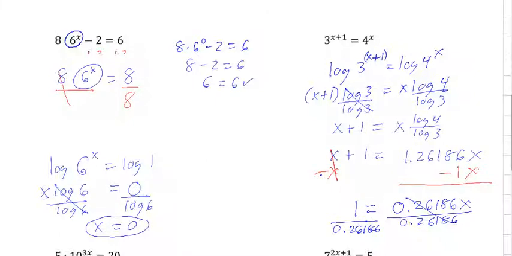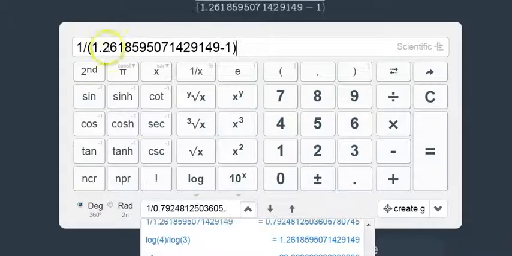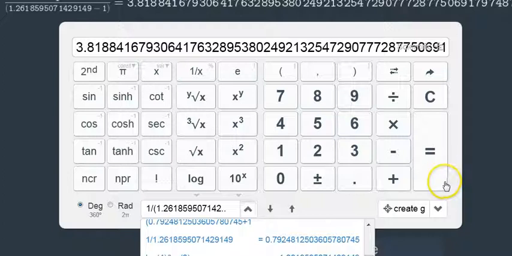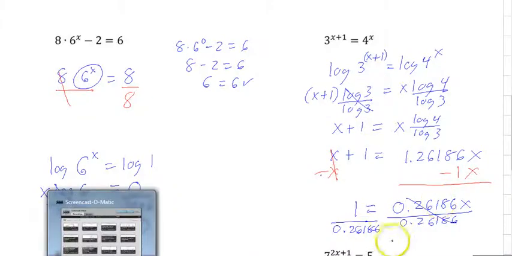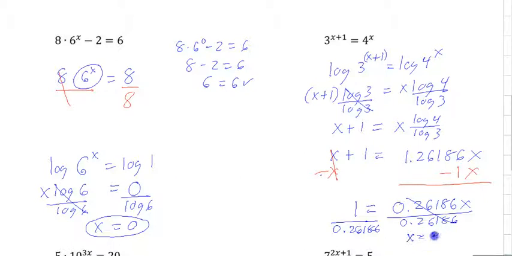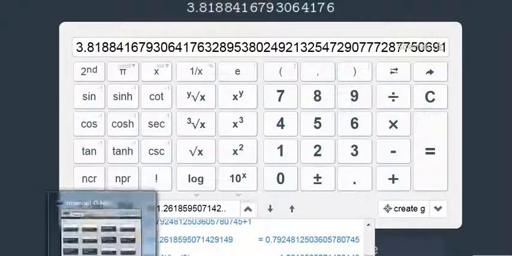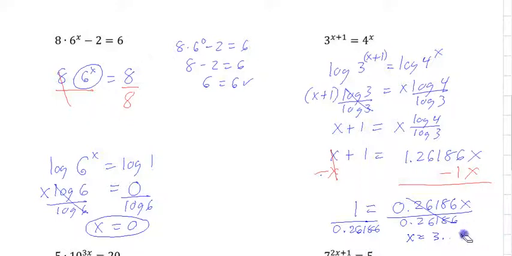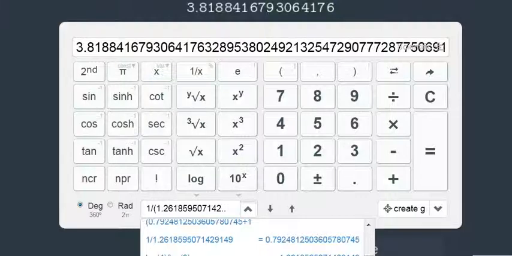And the nice thing with calculators is it remembers the value, so we can enter it in this way and get a very good answer, which is 3.819. So x equals 3.819.